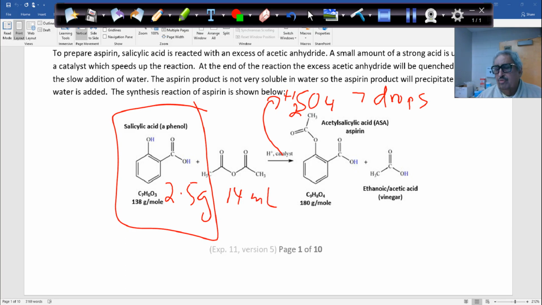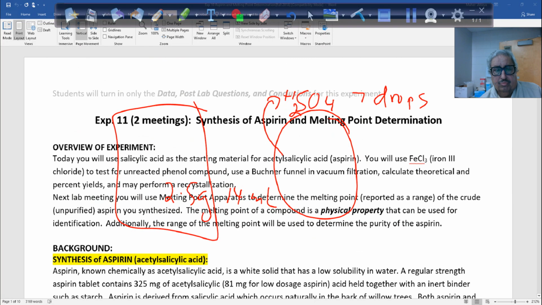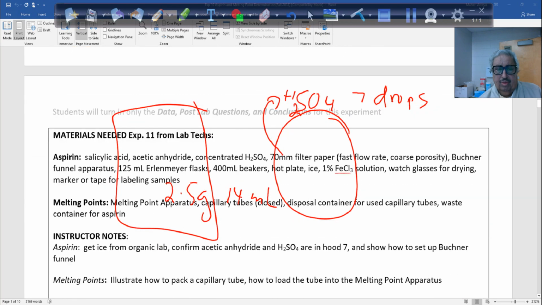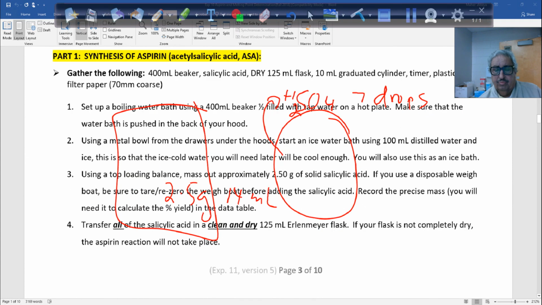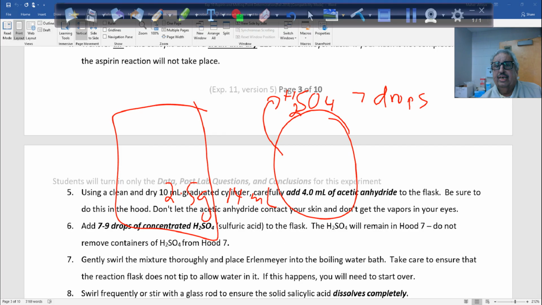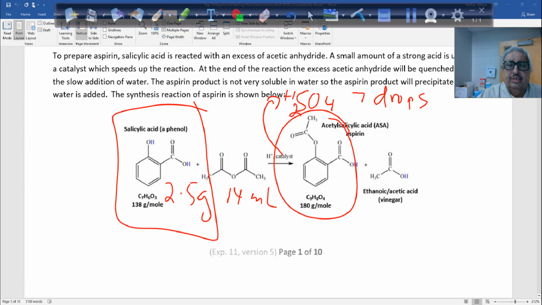So then you will produce this one here. Let me correct myself. It is 2.5 grams of salicylic acid and 4 mils of acetic anhydride, not 14, 4 mils.